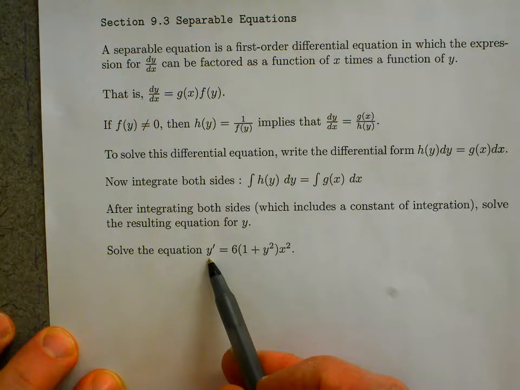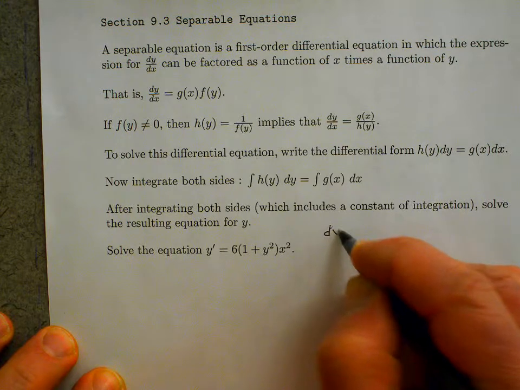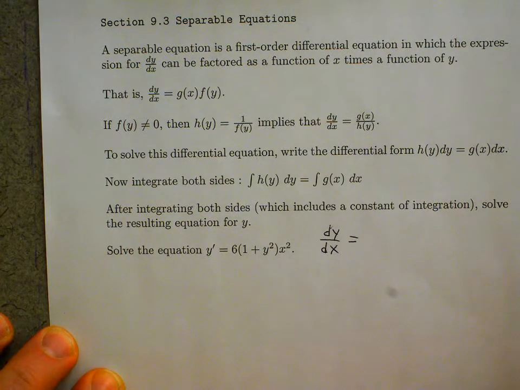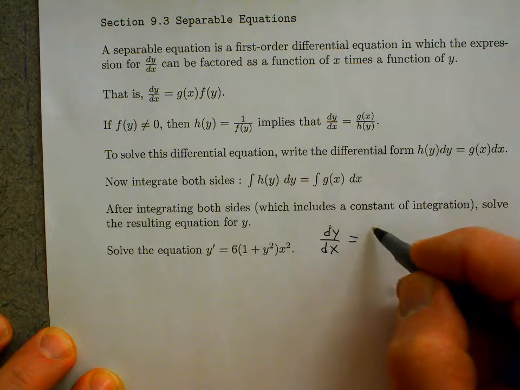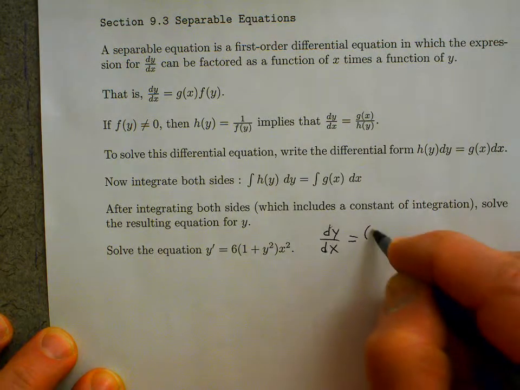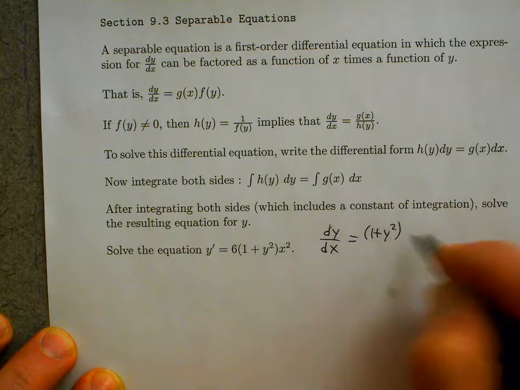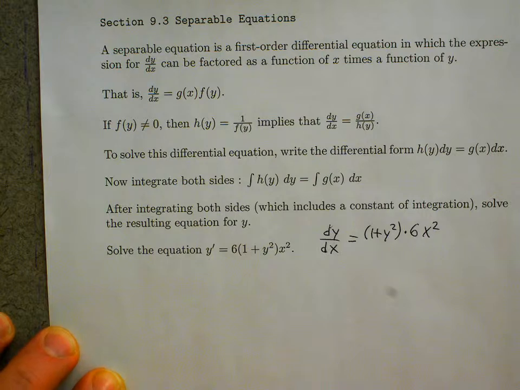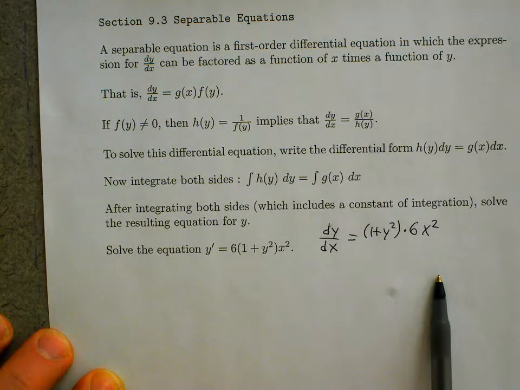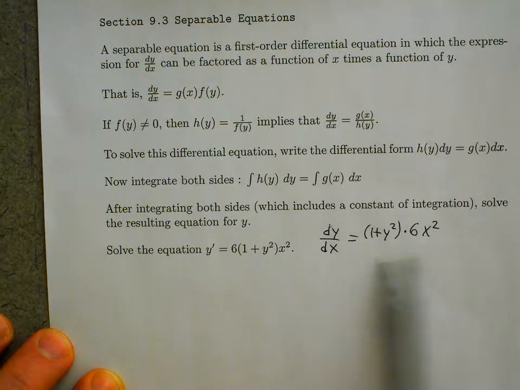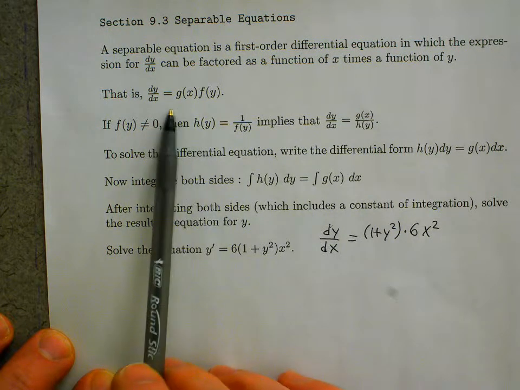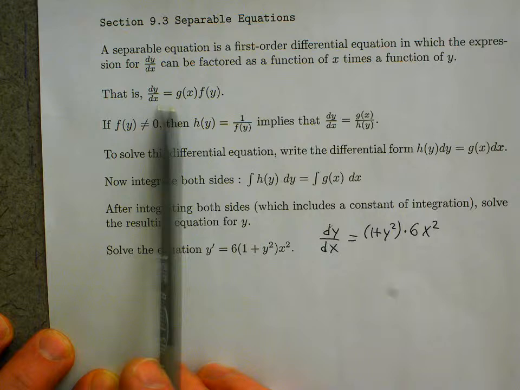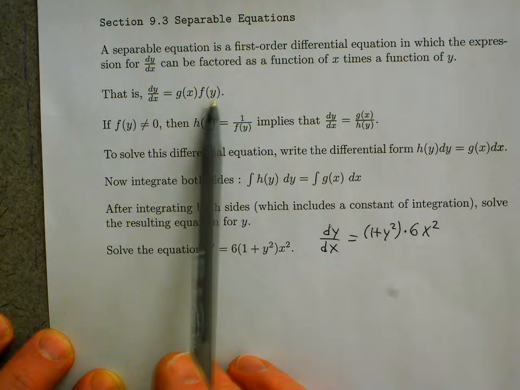Okay, so I'll replace y prime with dy/dx, and I'm going to rearrange this so that it's the quantity 1 plus y squared times 6x squared. This satisfies the definition of a separable equation. dy/dx is the product of a function of x and a function of y.